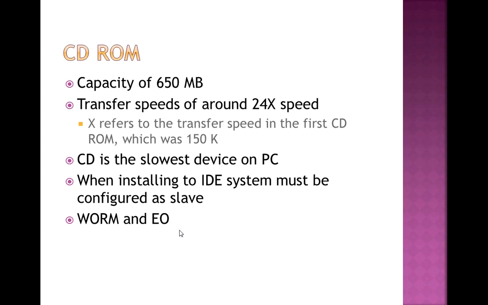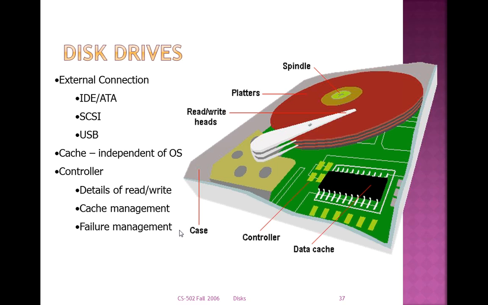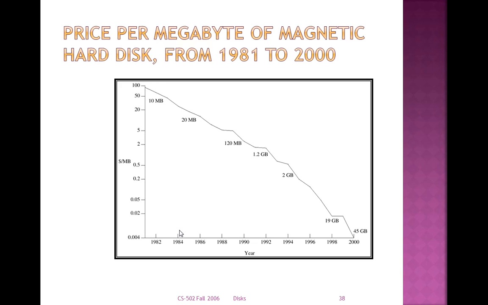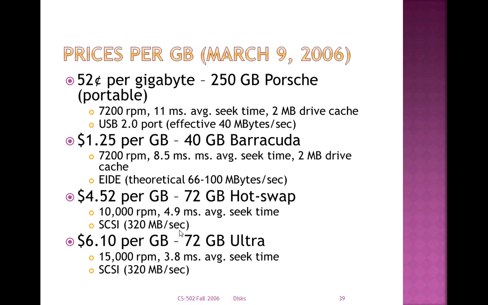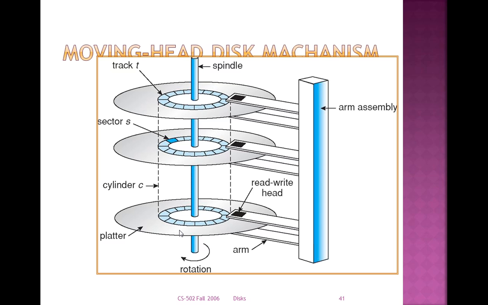Then we have discussed the CD-ROM, which has a capacity of 650 MB. Then we have discussed the disk drives: the platter and read-write head. This is the price per GB. Then hard disk geometry, that is the structure of the hard disk.